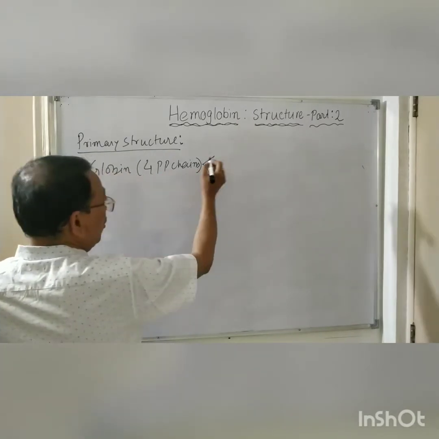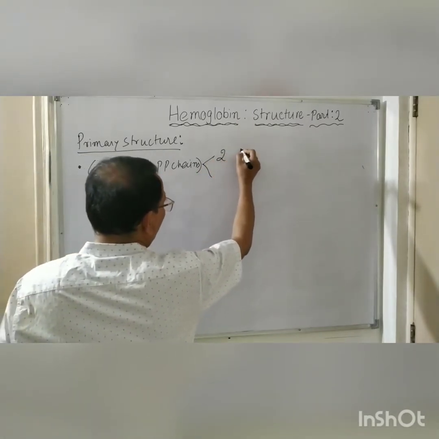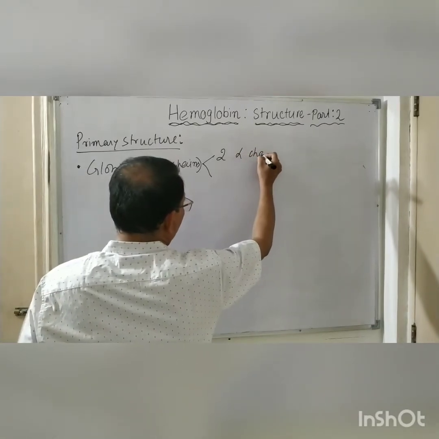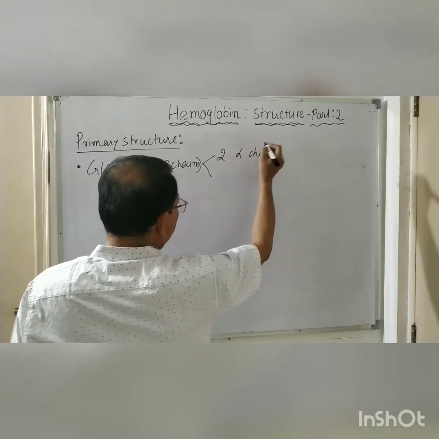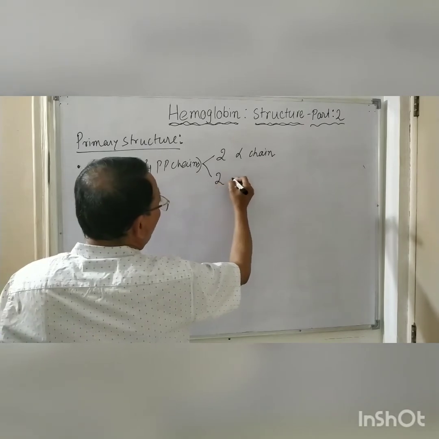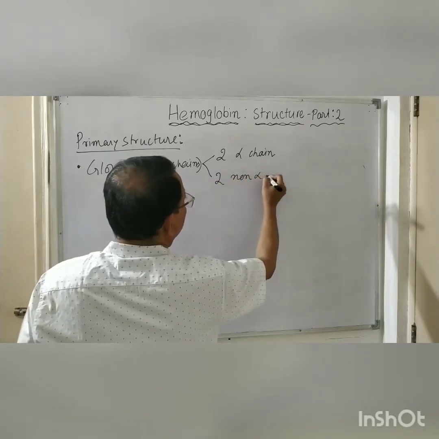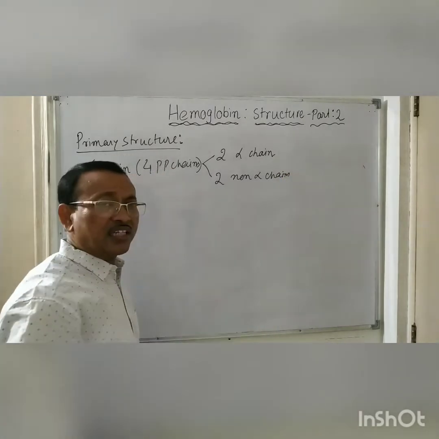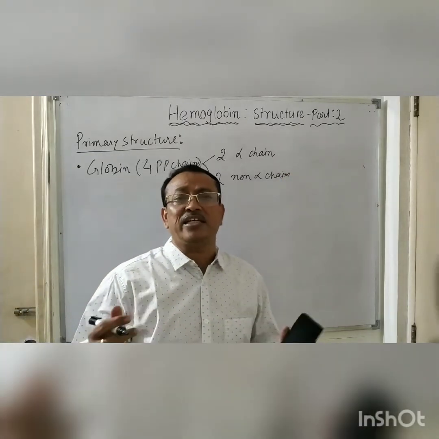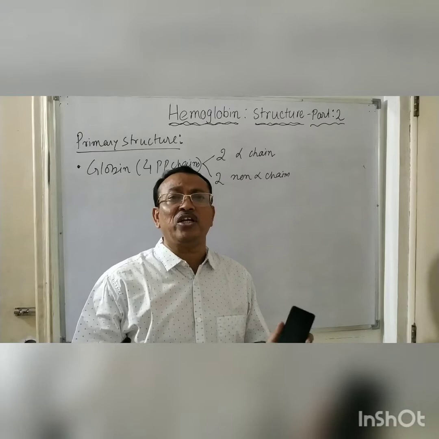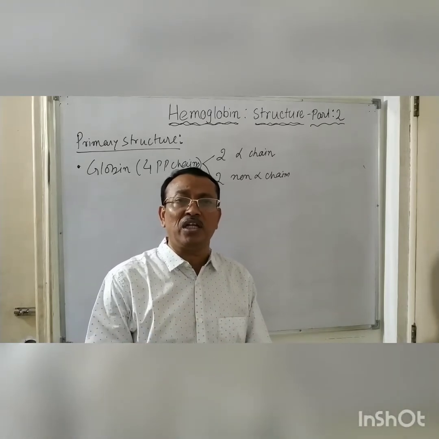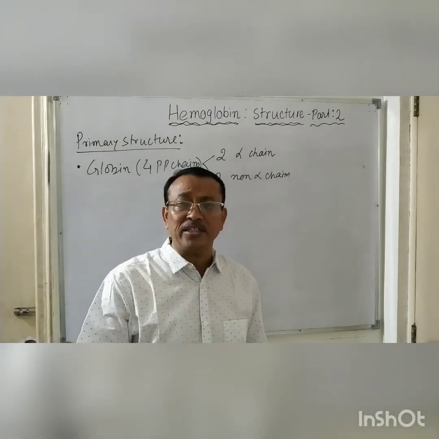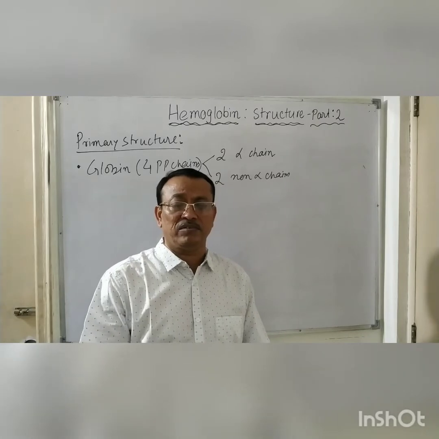Out of these four, two are known as alpha chains, and two non-alpha chains are there. It can be the beta chain, the gamma chain, or the delta chain, depending on the varieties of hemoglobin in human beings at the time of birth.